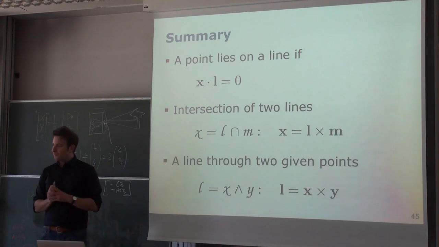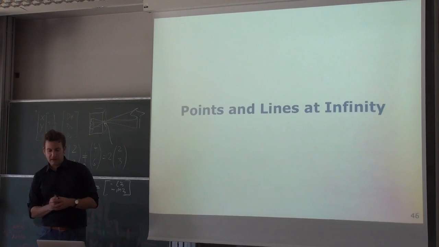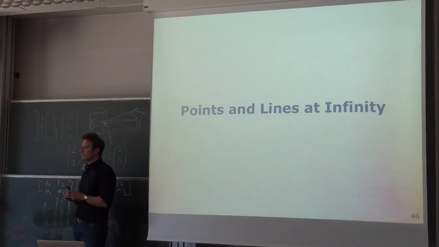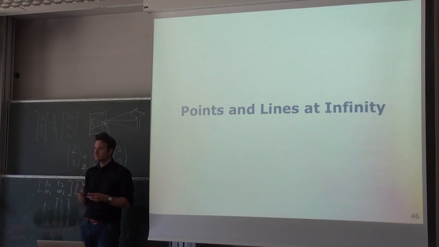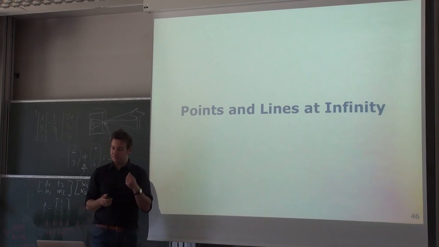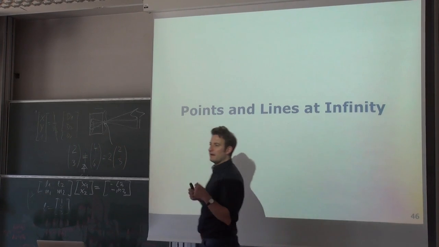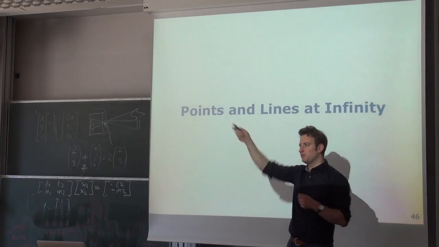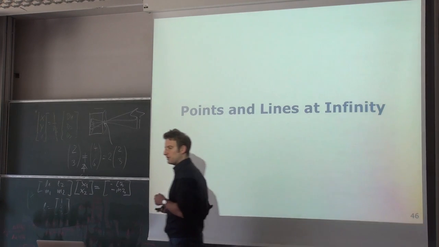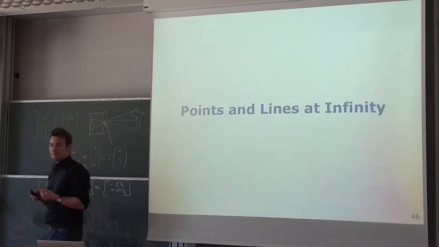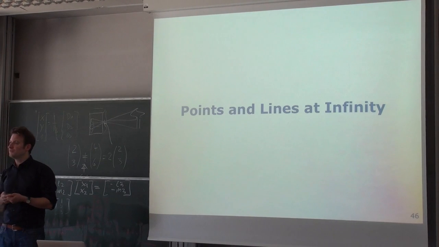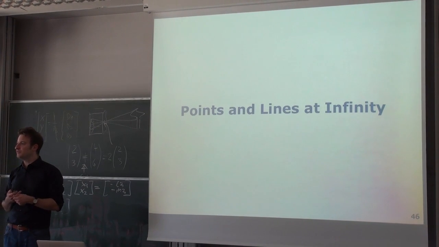But one of the things which is very important for us as we work with cameras are points and lines at infinity. So we said before that we want to be able to represent points which are infinitely far away but in a certain direction. And I just told you that homogeneous coordinates offer us the possibility to do that by setting the last coordinate to 0.